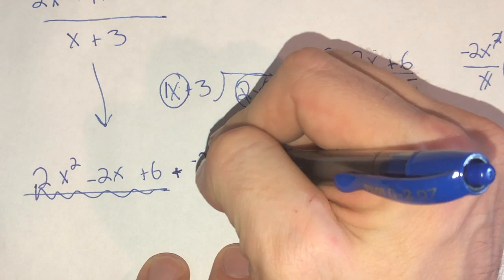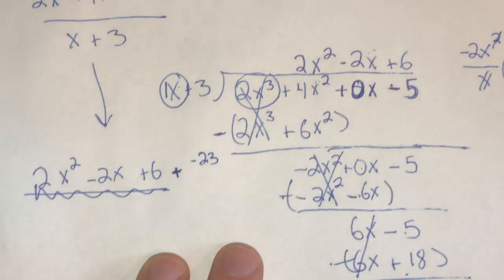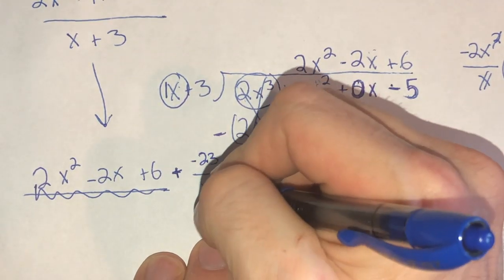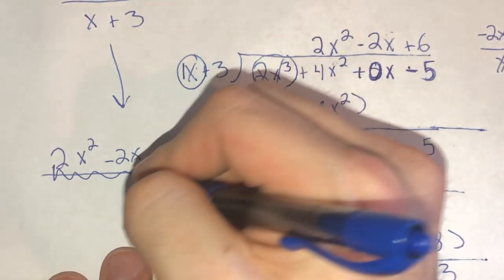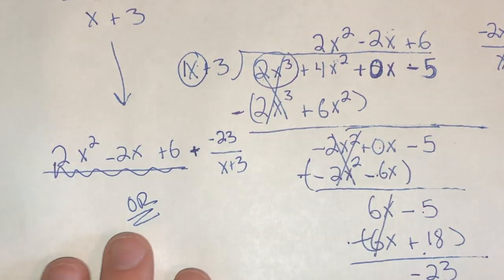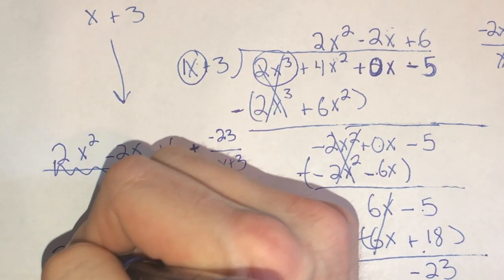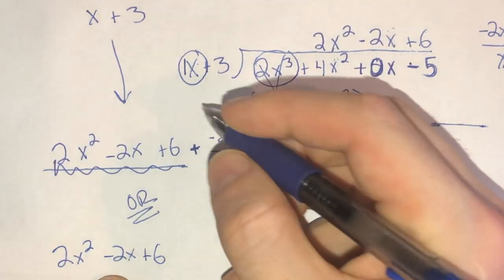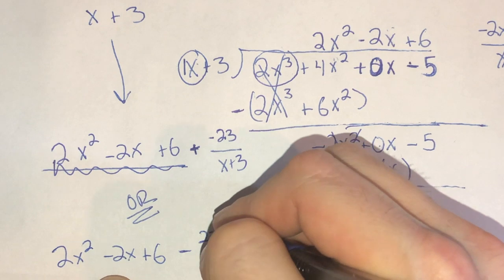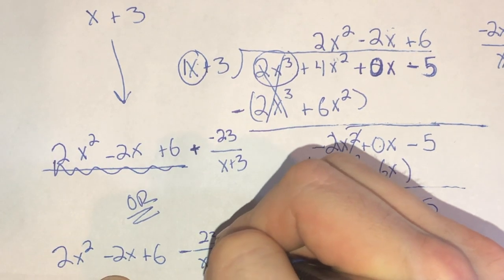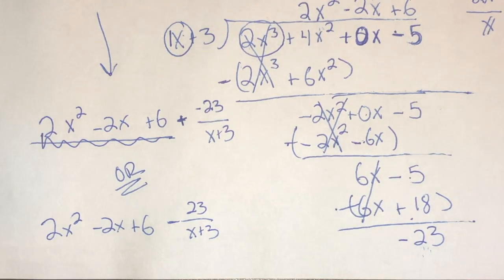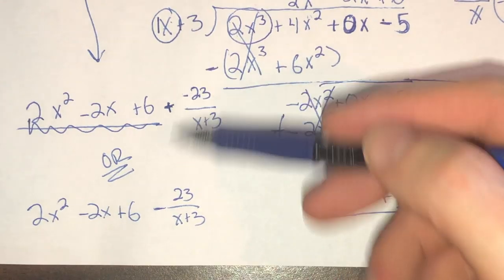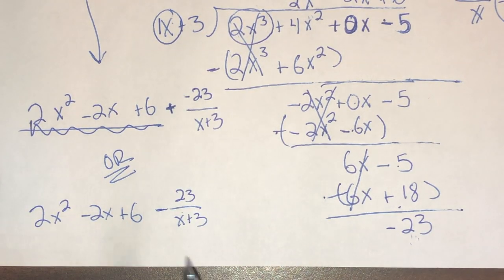So it would be -23, my remainder, over x plus 3. Or, another way to look at it, 2x squared minus 2x plus 6 minus 23 over x plus 3. That's another way to look at it. These two things are entirely the same, adding a negative being the same as subtracting a positive.